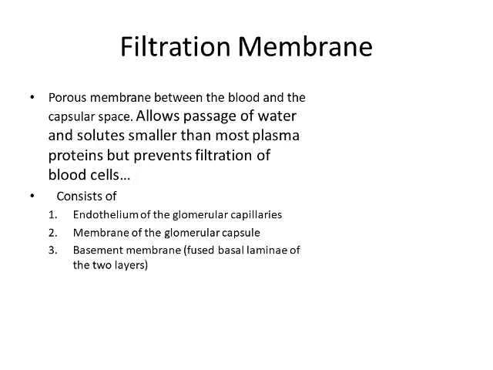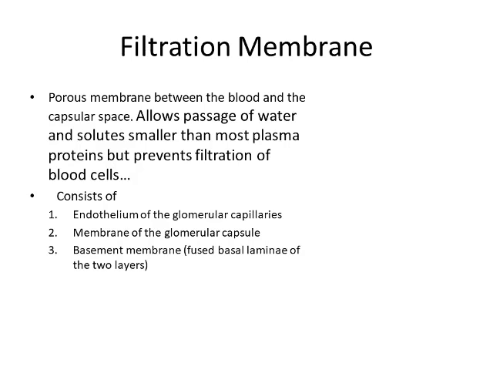So that's why we say three layers in the filtration membrane, and the fluid must pass through those layers to go from the capillary blood to the nephron. Okay, so that's the filtration membrane, and it is very porous.